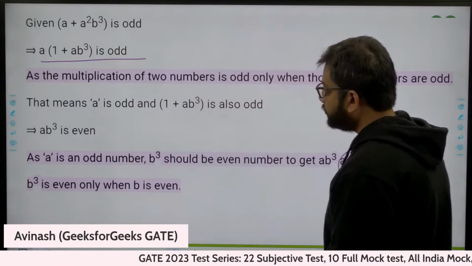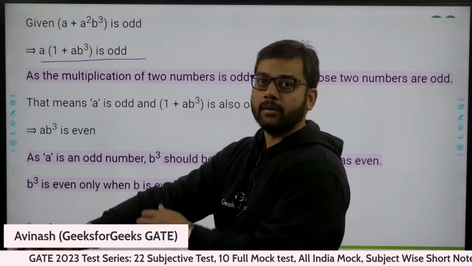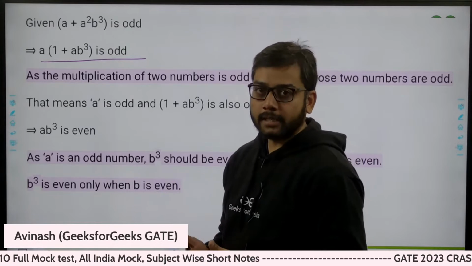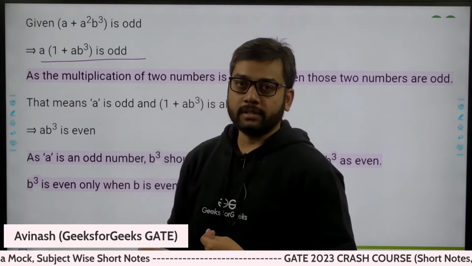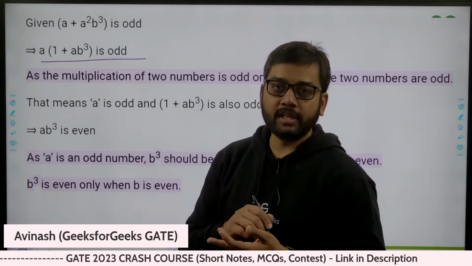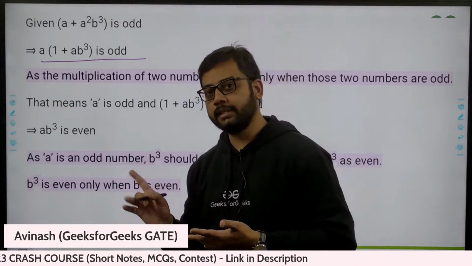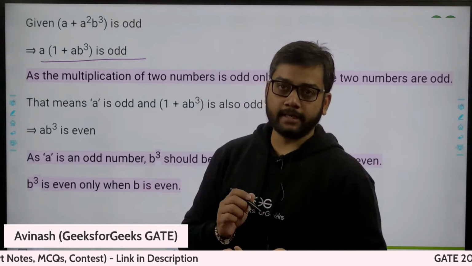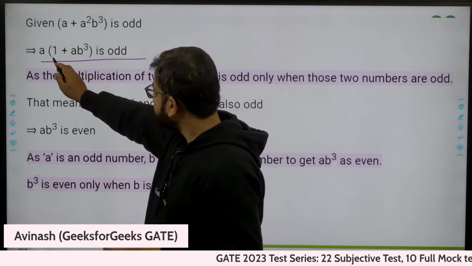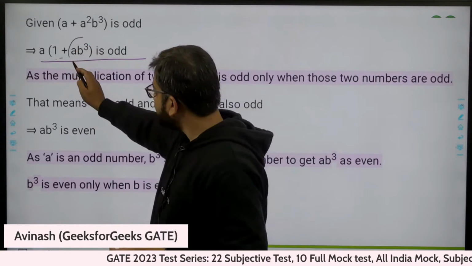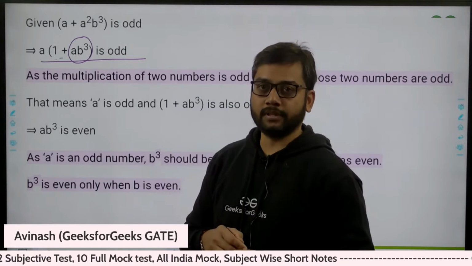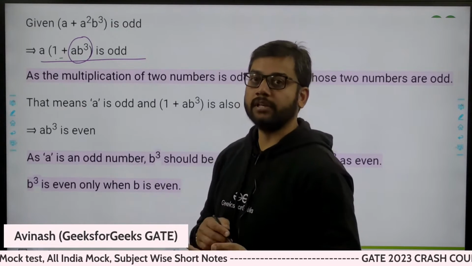If we add 1 to an odd number, this will give you an even number, and if we add 1 to an even number, this will give you an odd number. यहाँ तक ठीक है, ध्यान देना. यहाँ से ये decide करेंगे कि ये even है कि odd है. And multiplying even gives you even, multiplying odd gives you odd.